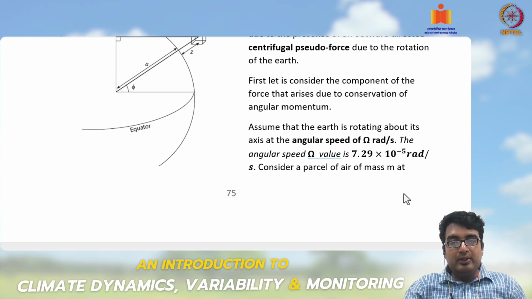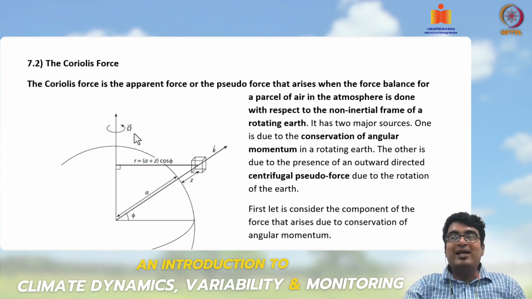You can calculate it yourself, because 360 degrees is 2 pi radians, and 24 hours is 24 into 60 into 60 seconds. So 2 pi divided by that will give you this angular speed omega of Earth's rotation. And Earth is rotating from west to east.